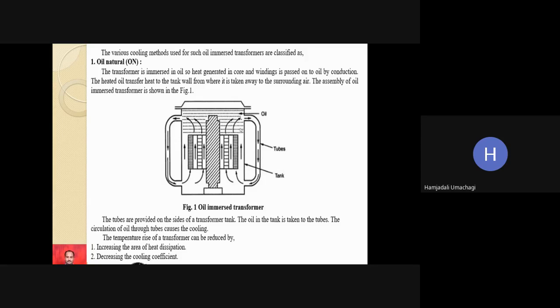Similarly, by decreasing the cooling coefficient, which is based on the construction and design of the transformer. So this is all about the oil natural cooling method, where natural oil carries the heat, and by the time it passes through the tubes, the heat is passed to the surrounding atmosphere by the conduction method.